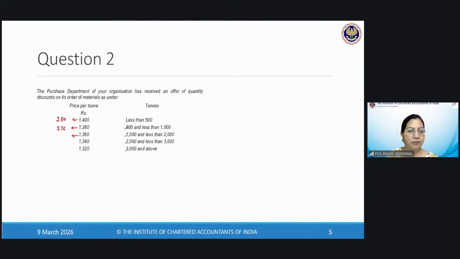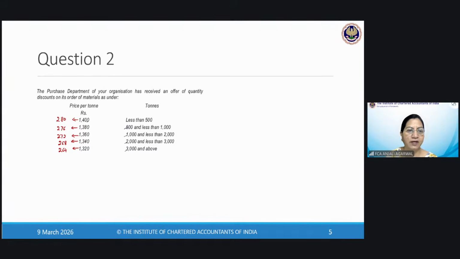Here it will be 20% of 1360, 272. Here it will be 20% of 1340, 268. And 20% of 1320, 264. So your cost of storing 1 unit for 1 year will change.